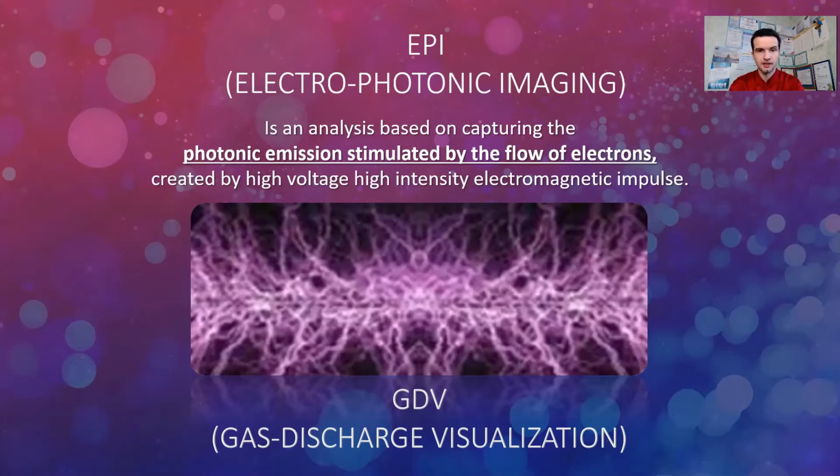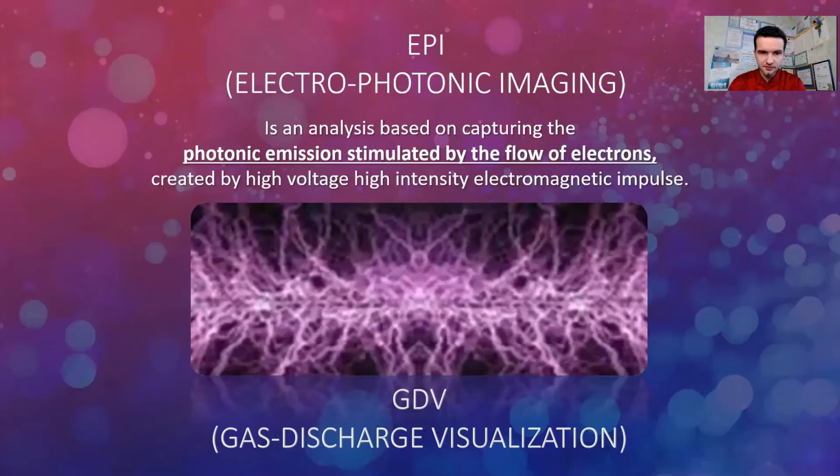So, GDV or EPI is an analysis based on capturing, photographing, the photonic emission stimulated by the flow of electrons that is created by a high voltage, high intensity electromagnetic impulse, and also high frequency.